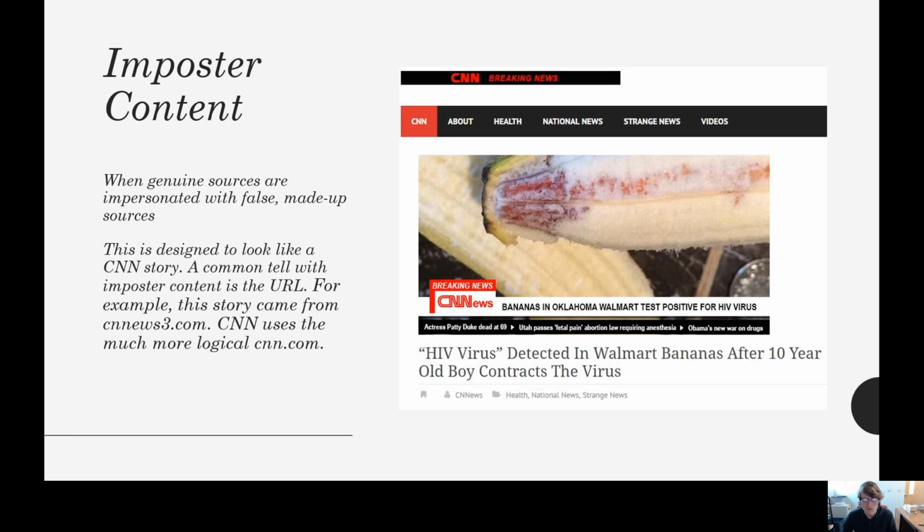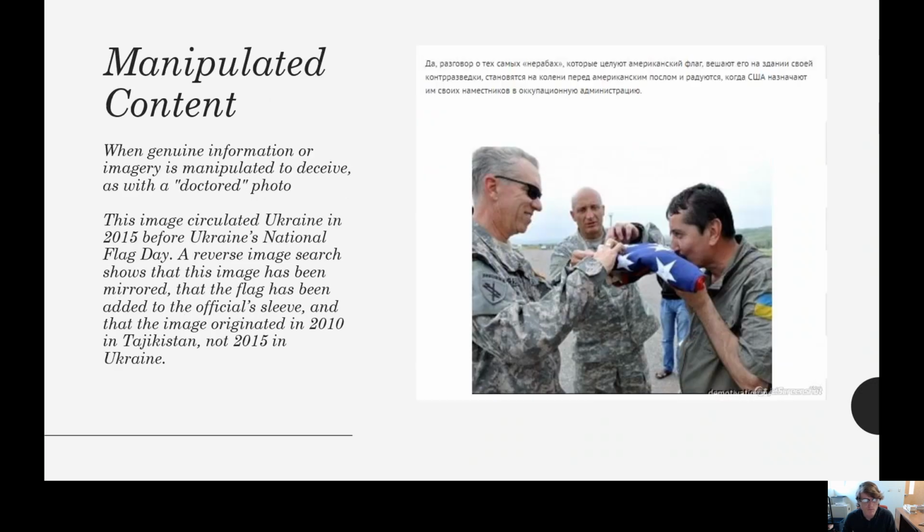CNN.com is obviously taken by the legitimate news organization CNN, whereas this was from CNNnews3.com, which is clearly not going to be CNN's URL. Also, this is just an absurd story. We can look at the headline and realize that's probably false, and just a little bit of digging reveals it.